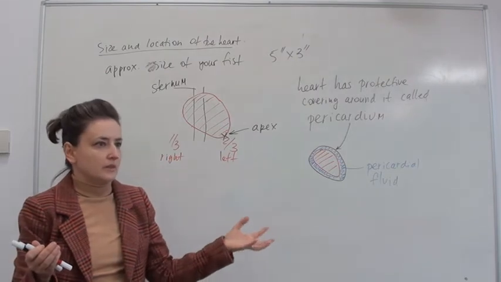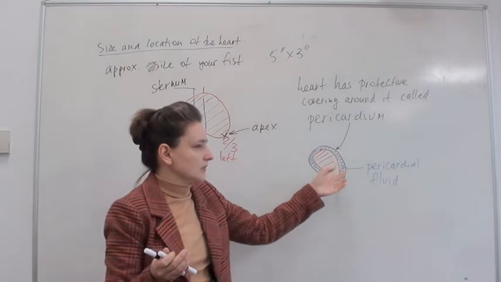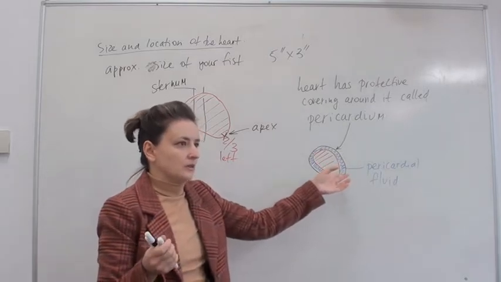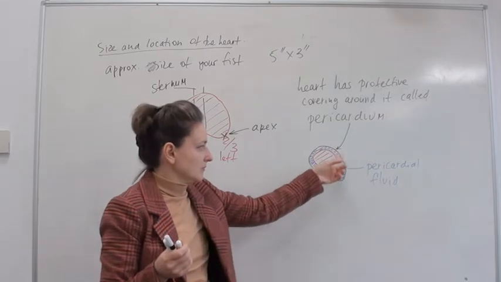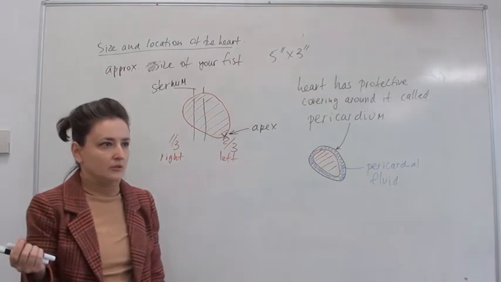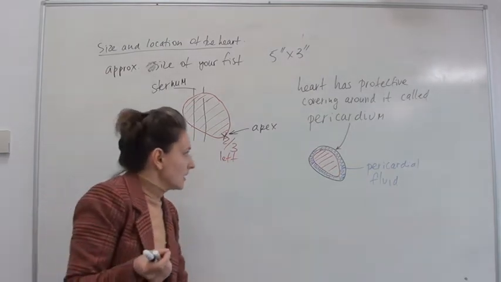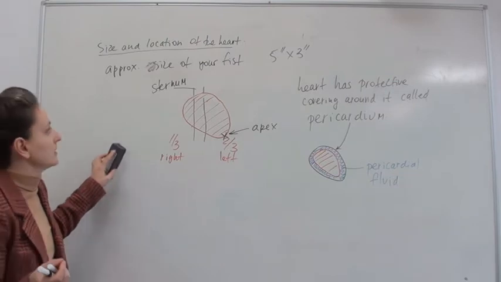It's very easily fixable because all you do is insert a little tube into that pericardium area and drain some of this fluid, and you should be back to normal. Anyway, that's a little bit about the heart and what you find around it.